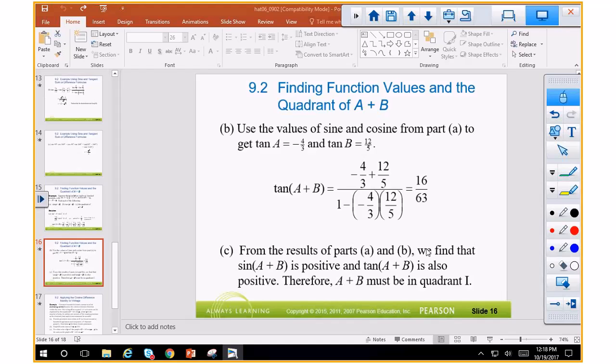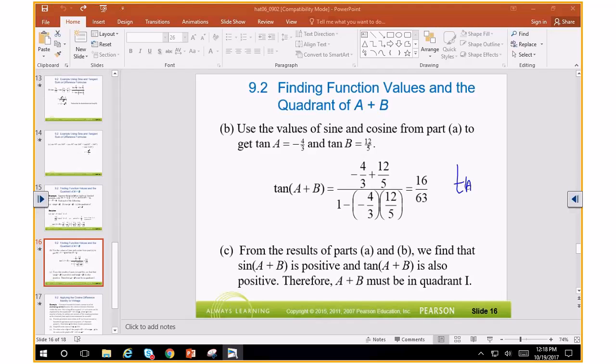Well, the tangent of A plus B is positive. What was the sine?